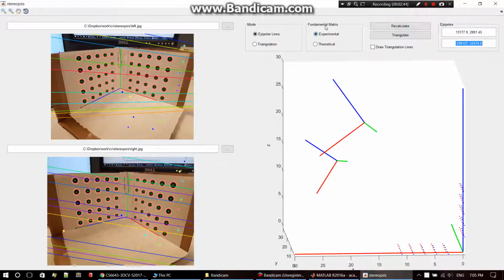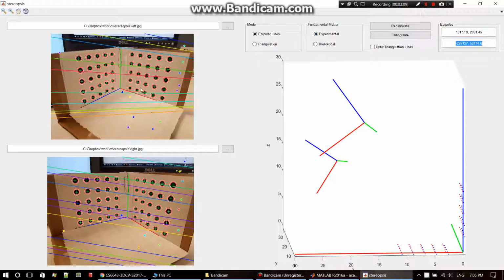The fundamental matrix used for these computations was found experimentally, meaning that corresponding pairs of circles that were also used for calibration are used to build an over-constrained system of linear equations to solve for fundamental matrix.